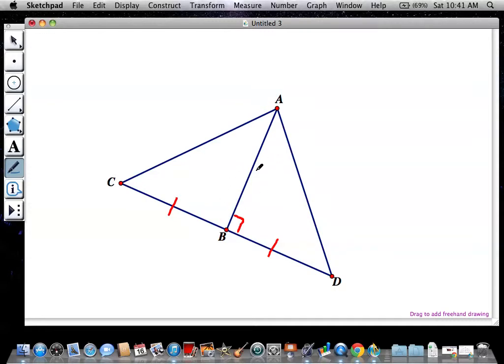Well, since it's a perpendicular bisector, I can conclude that AC is congruent to AD by the perpendicular bisector theorem. So these two things are congruent.